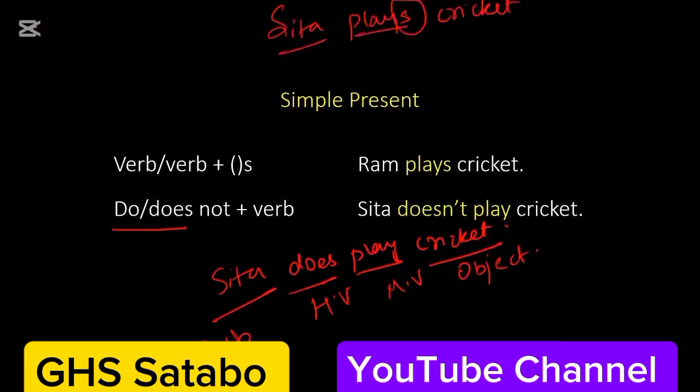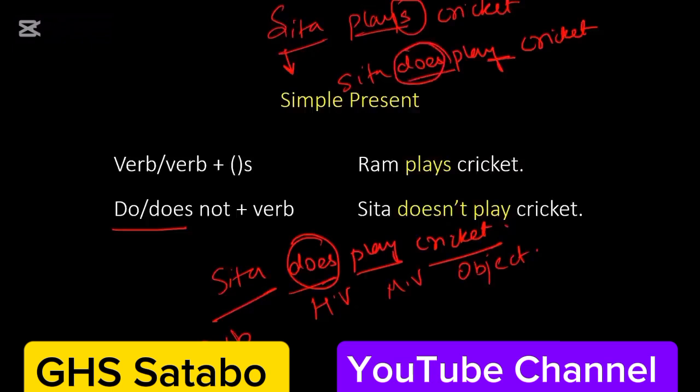We automatically put an S because it's a singular noun. But now we have used does, so automatically S from play will be removed and the sentence will take the form of Sita does play cricket. The S which we were using in front of the main verb will take the place of does in your helping verb.